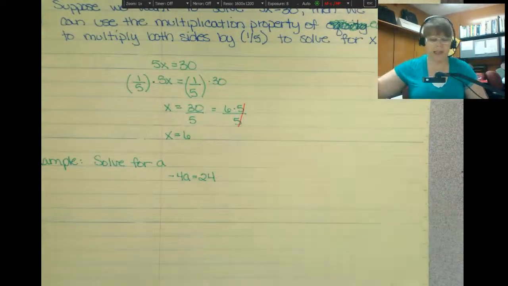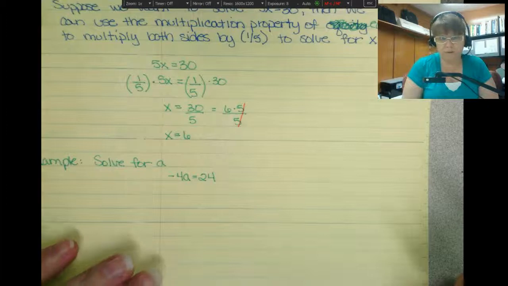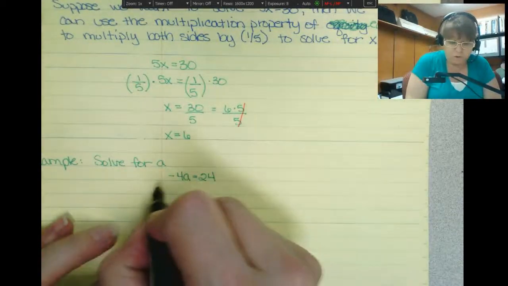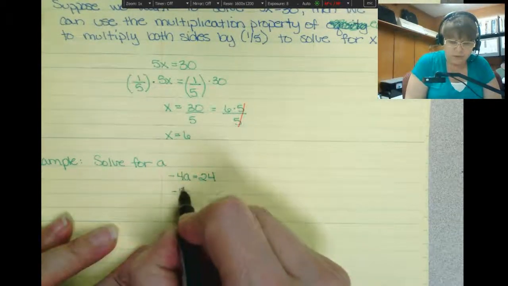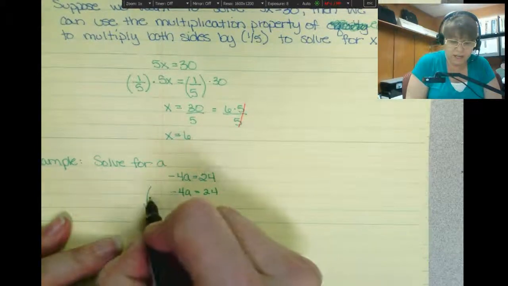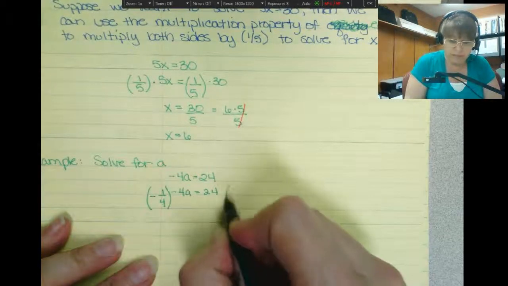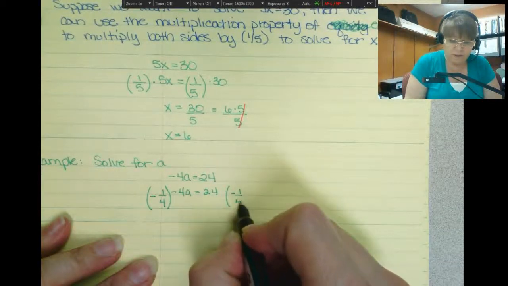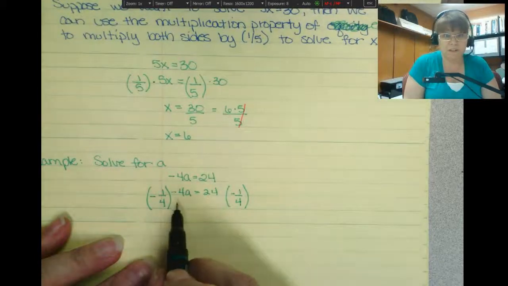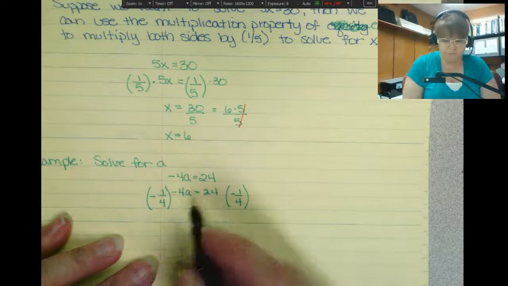Let's try another problem. Let's solve for a when we have the problem negative 4a equals 24. So I'm going to multiply both sides by a negative 1/4. Because my coefficient for a is negative 4, my reciprocal of negative 4 is negative 1/4.